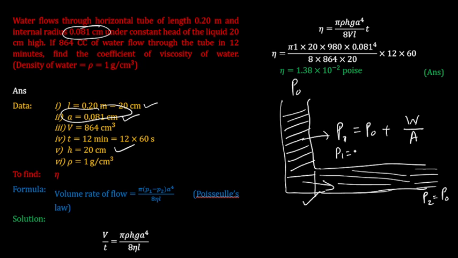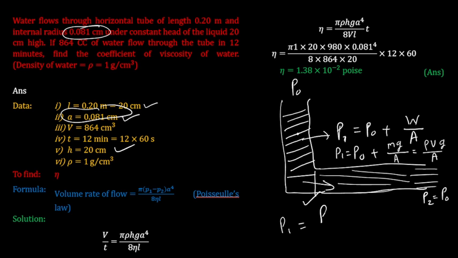So P1 is equal to P0 plus the weight of the liquid, mg, mass of the liquid in the vertical tube, divided by area A. Now we can write mass as density multiplied by volume divided by A. So we write P1 here.